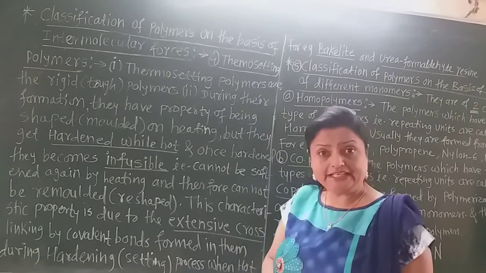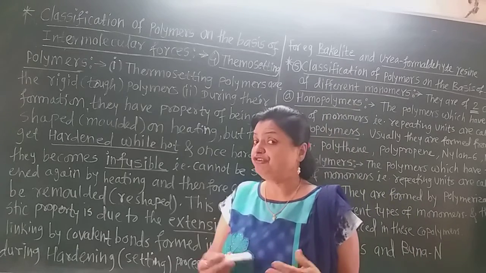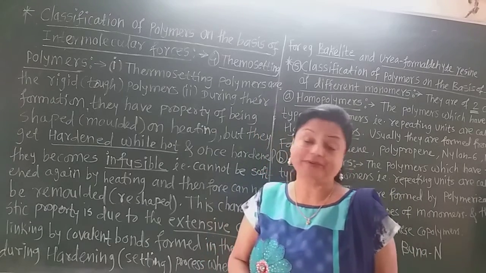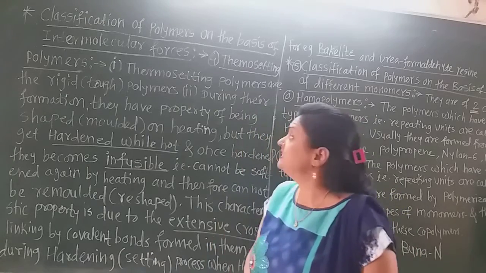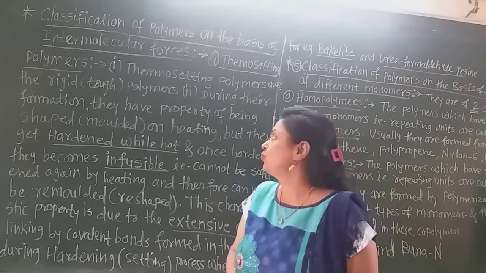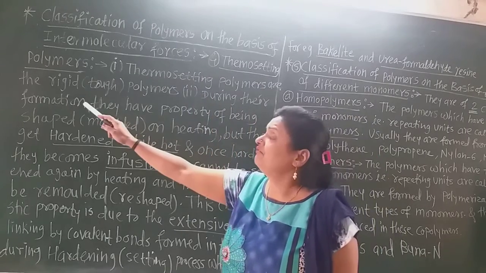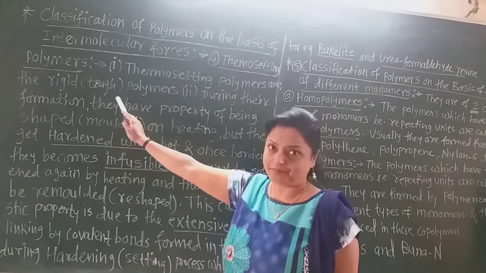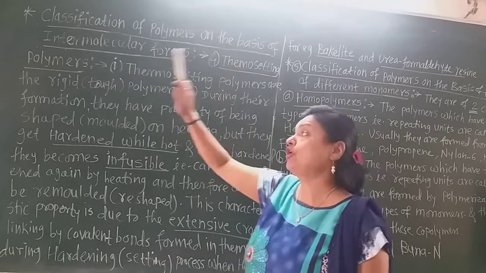Now for the thermosetting polymers, see here what points are given and which type of intermolecular forces are present, that is very important. This is the fourth class of these polymers based on intermolecular forces. Thermosetting polymers are very rigid, tough polymers.